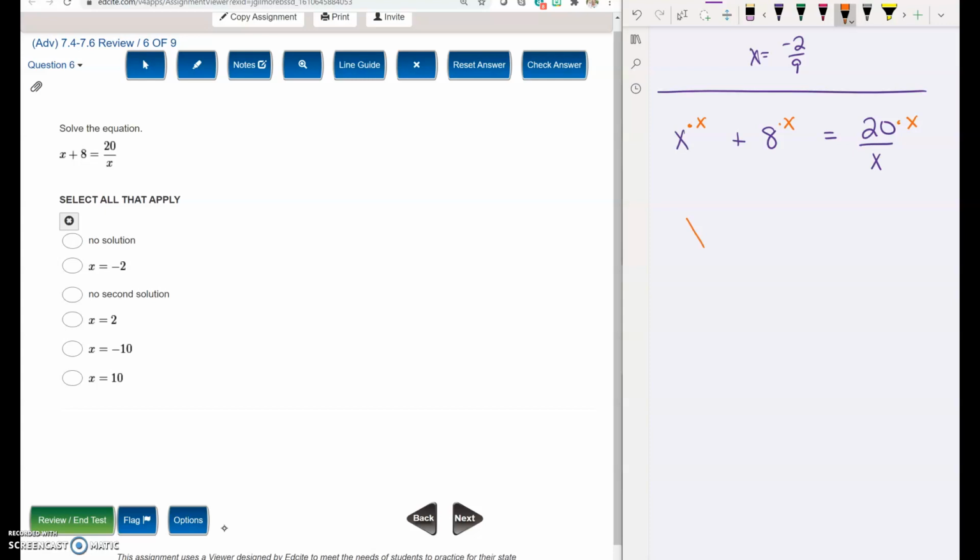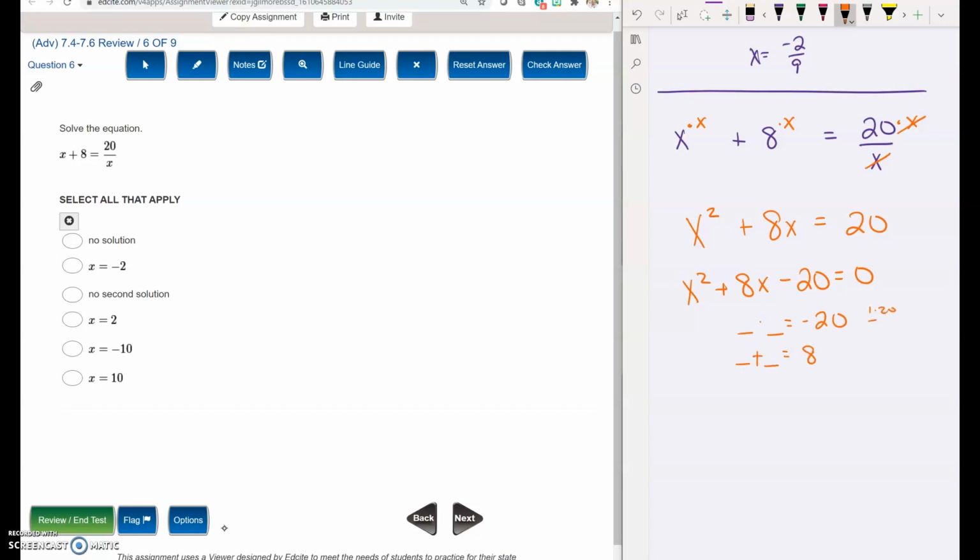In this first one, x times x is x squared. 8 times x is 8x. And then the x cancels, leaving us with equals 20. Anytime we have x squared and x in the same equation, we get one side equal to 0, so that we can factor and solve. We're looking for two numbers that multiply to give us negative 20 and add up to 8.